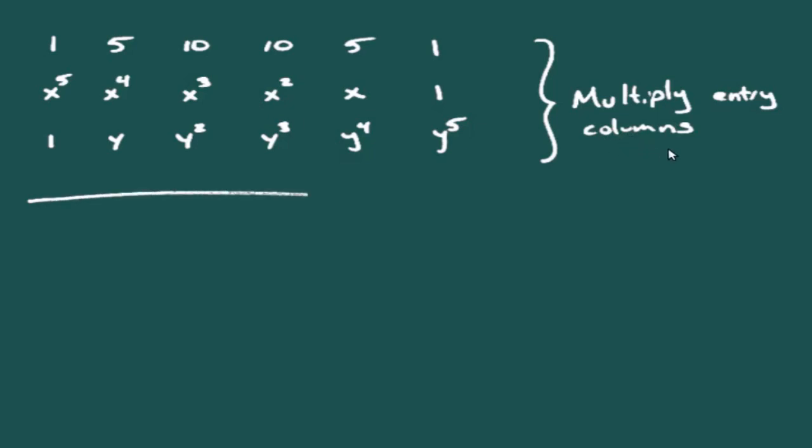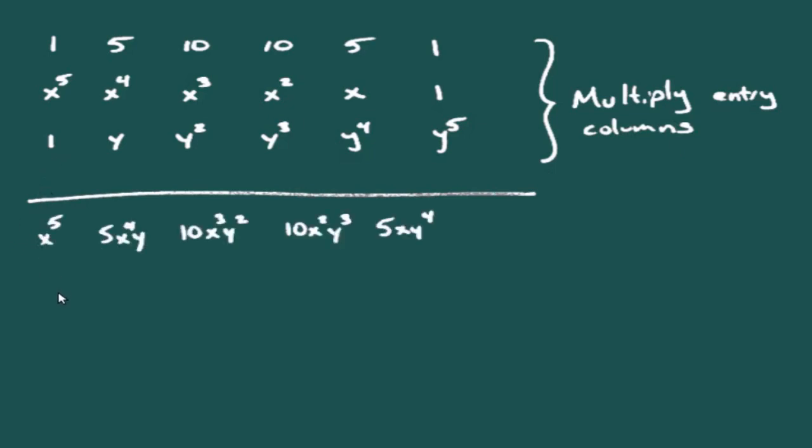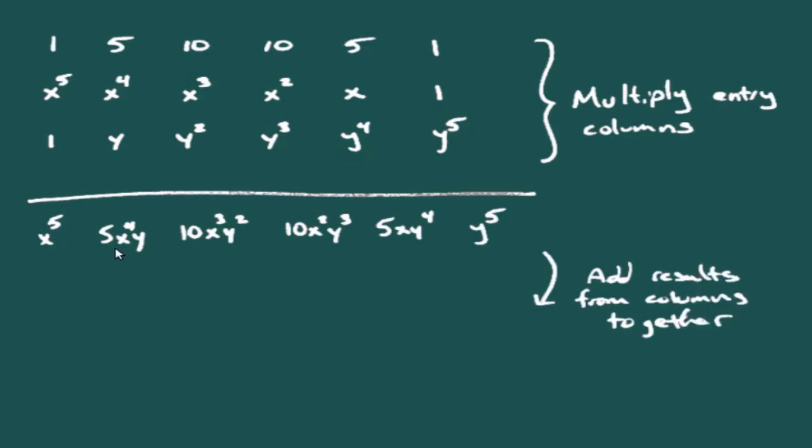So for the first column, we'll have 1 times x to the 5th times 1, which is just x to the 5th. For the second column, we'll have 5 times x to the 4th times y, so just 5x to the 4th y. For the third column, 10 times x cubed times y squared, so we get 10x cubed y squared, and so on for multiplying the entries in a particular column.